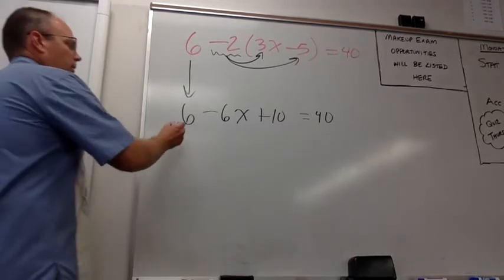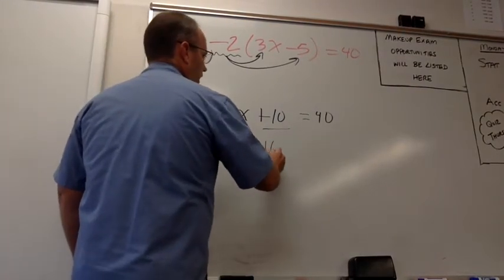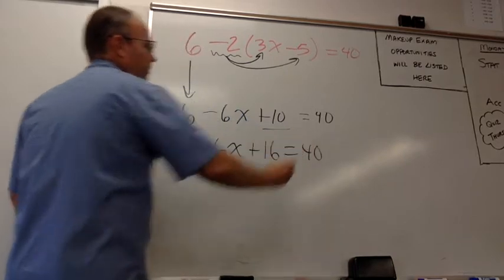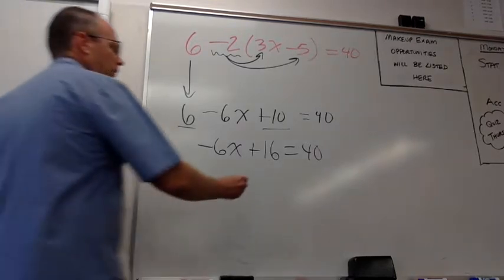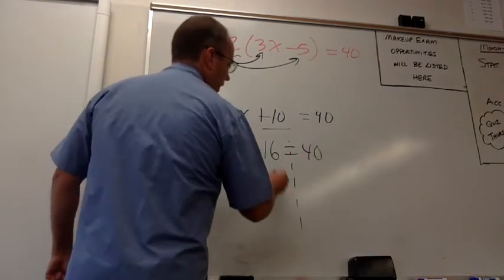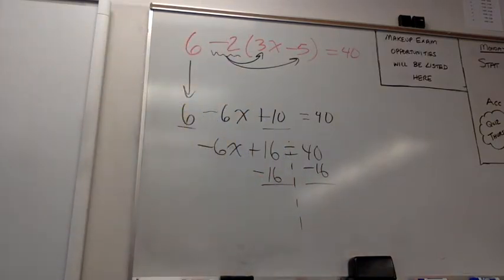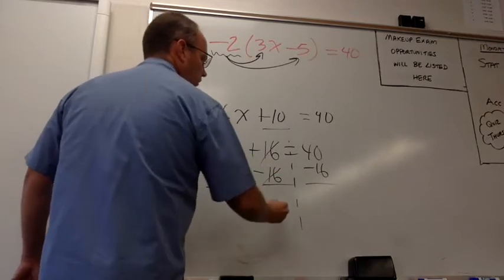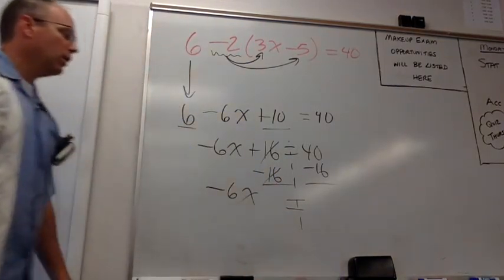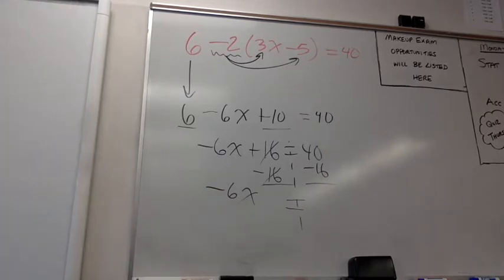I do have like terms. These are like terms here and here. So I have -6x plus 16 equals 40. Okay? And then subtract, do my dotted line, subtract 16. What does that come out to? I got -6x equals 32? 42? 24? 16?